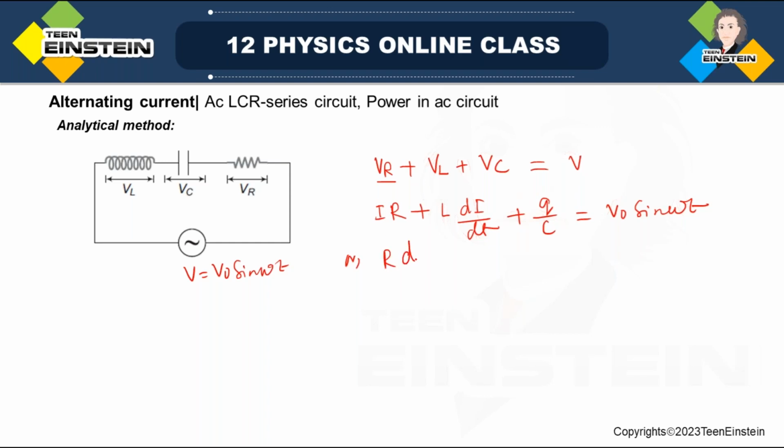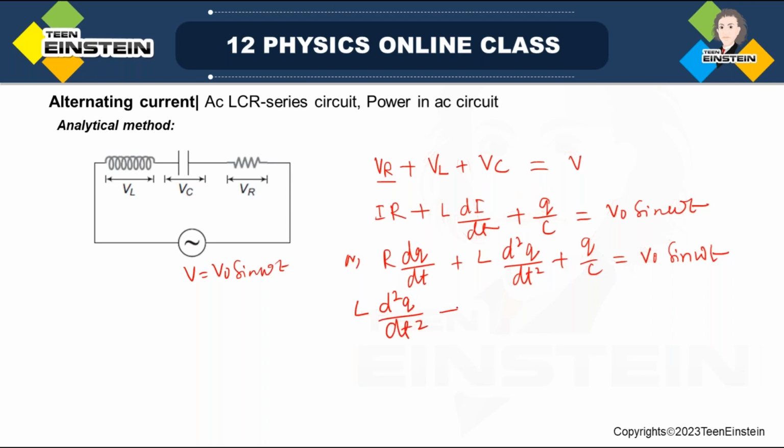So R dq dt, plus L d2q by dt square, plus q by c is equal to v0 sine omega t.